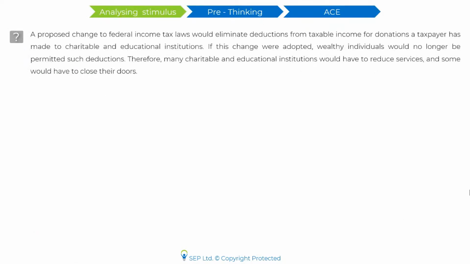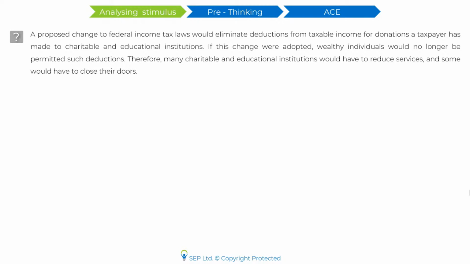Oh, here we go. A proposed change to federal income tax laws. Now, that sounds a mouthful. Simplify it. A proposed change to tax laws would eliminate deductions. So this change is going to remove deductions from taxable income.